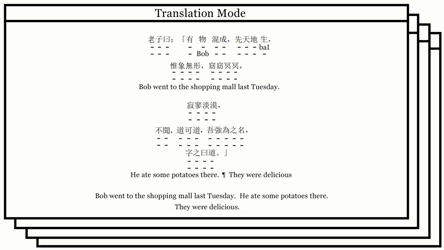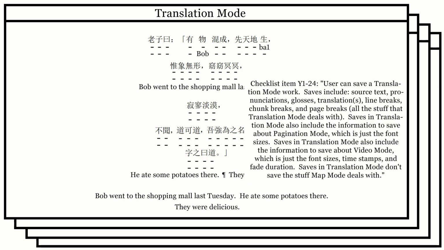Okay, next checklist item. This one has a few details that we haven't got to yet. Checklist item 1-24. User can save a translation mode work. Saves include source text, pronunciations, glosses, translations, line breaks, chunk breaks, and page breaks, all the stuff that translation mode deals with. And saves in translation mode also include the information to save about pagination mode, which is just the font sizes, and the information to save about video mode, which is just the font sizes, timestamps, and fade duration.